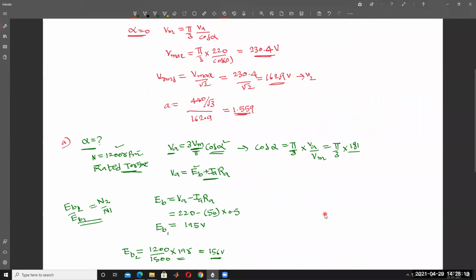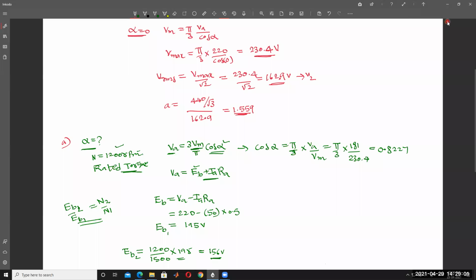Substitute here: pi by 3 into 181 by 230.4, so cos alpha is 0.8227. From this, alpha is cos inverse of 0.8227, and you will get 34.65 degrees. This is the firing angle. Okay, so this is the first problem, solution A.